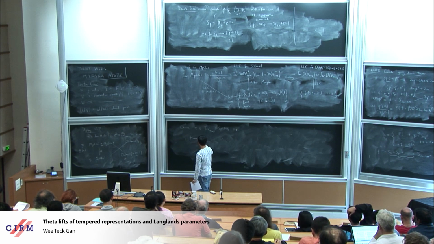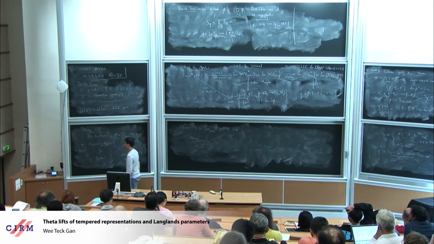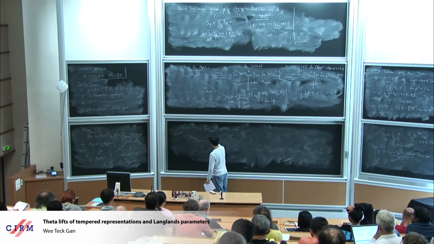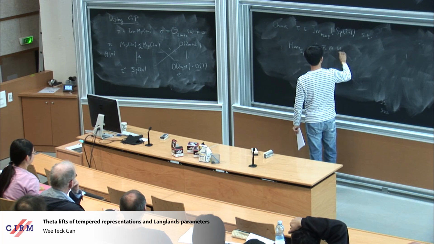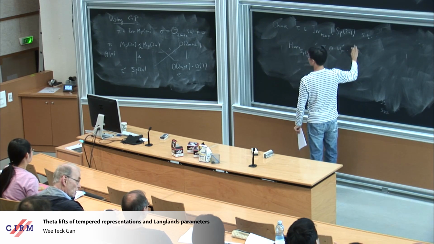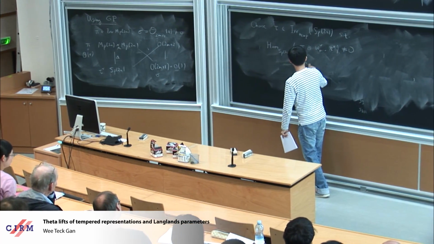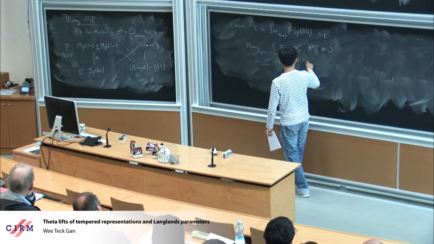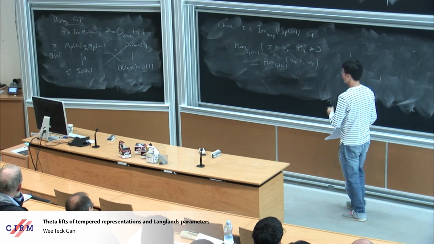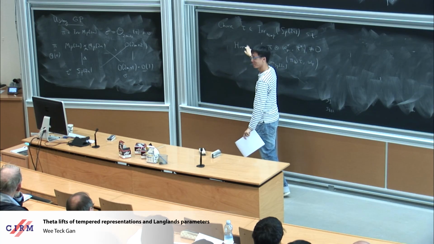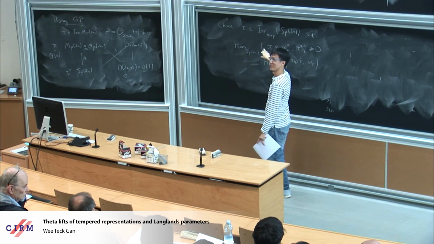Hom SP2N, let's see, maybe I want to put tau check. Okay. So pi tensor, let's say the representation tau check, is not 0. Okay, this Hom space, I guess I can just rearrange a bit. So something like that. Okay. All right. So first I claim one can find such a tau. Why? Just in some sense by considering integrals of matrix coefficients. One can find such a tau.